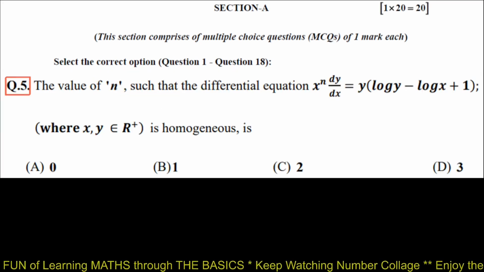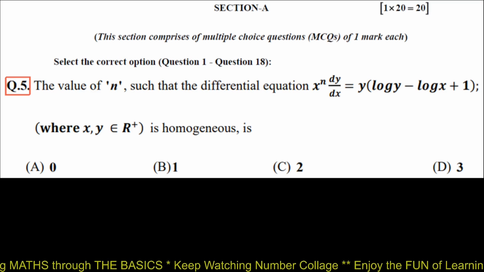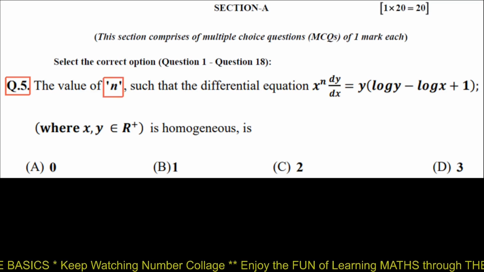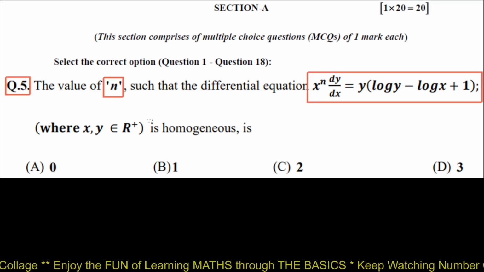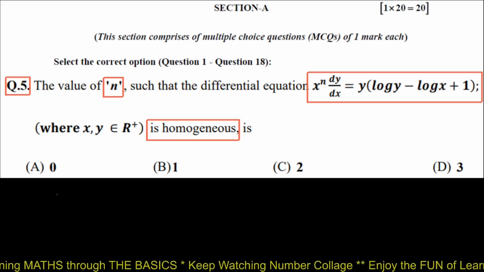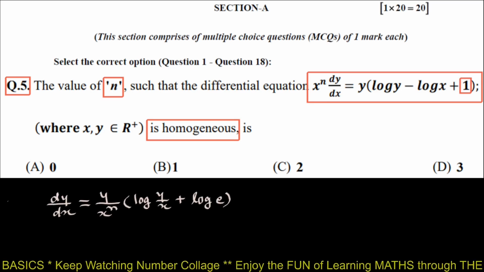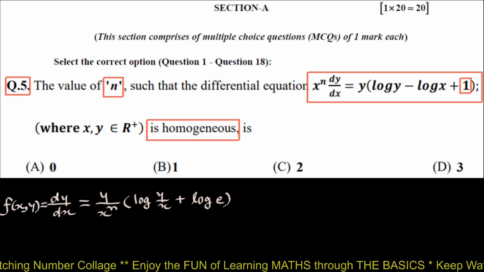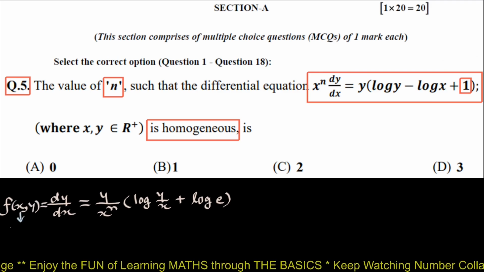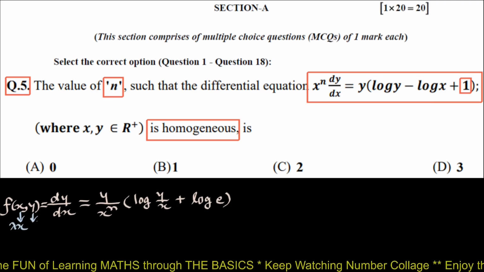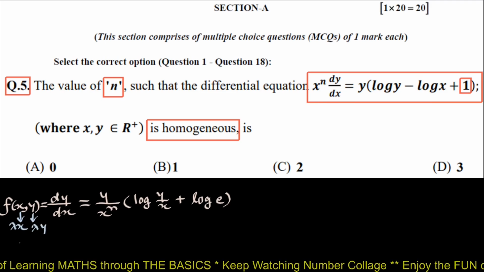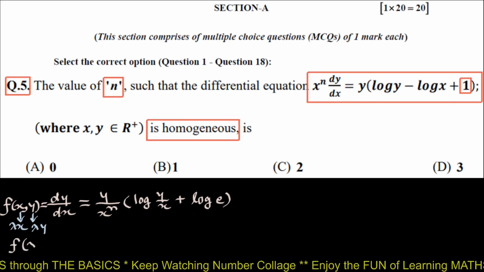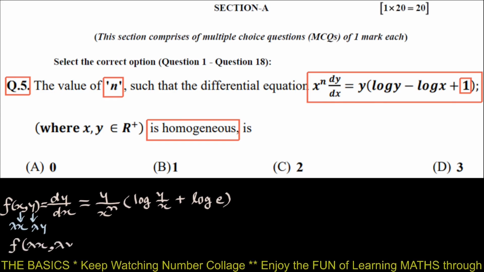Question 5. We have to find the value of n such that this differential equation is homogeneous. We rewrite the given differential equation, and we name this function f of x comma y. Now we will replace x by lambda x and y by lambda y so that we will get f of lambda x comma lambda y equals.